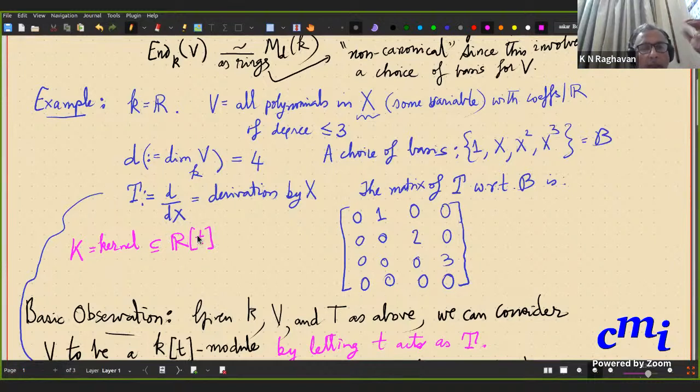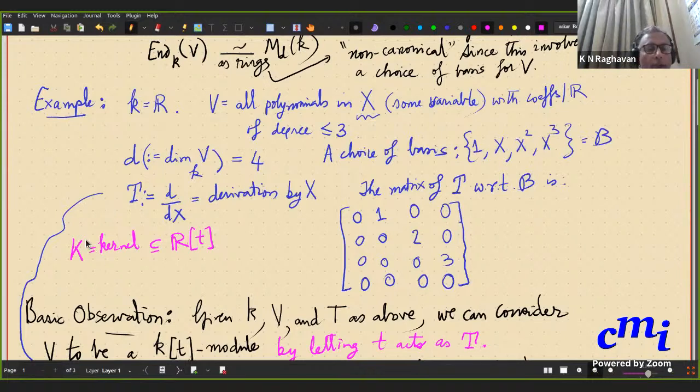What do we mean? It consists of all polynomials, right? So if I take, for example, constant polynomial 2, it acts as just 2 on these polynomials in X of degree less than or equal to 3. So if I act that 2 on X, I get 2 times X, which is non-zero, right?